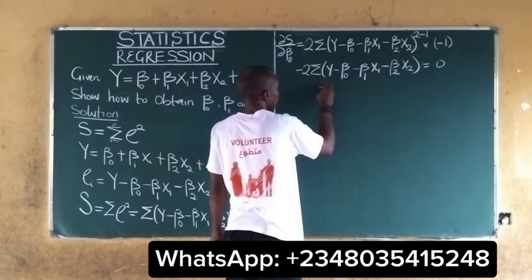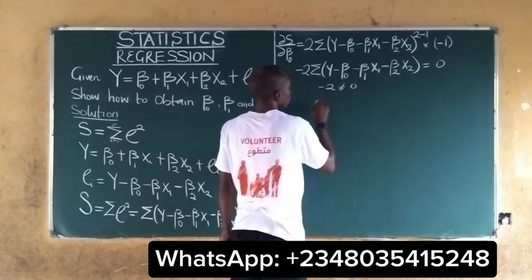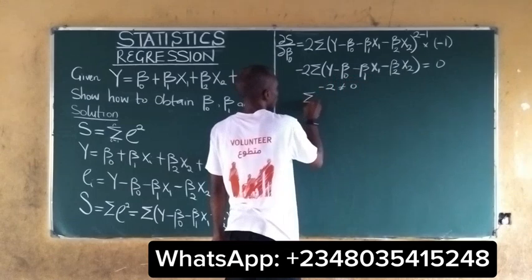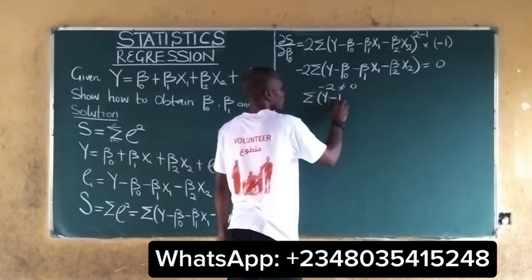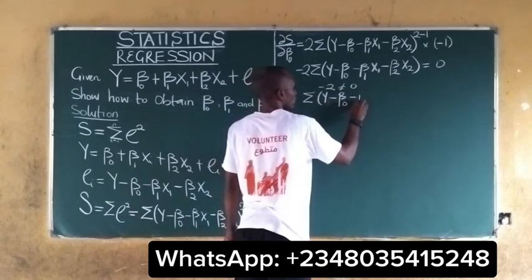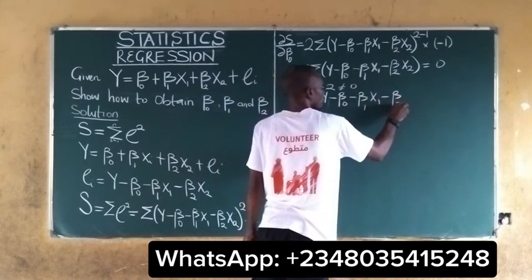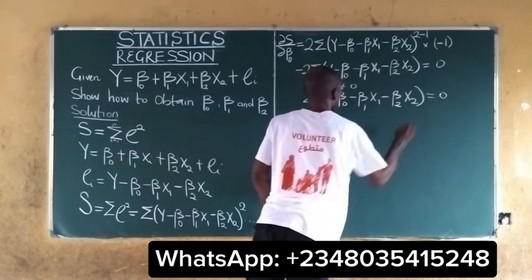It then means, of course, minus 2 is not equal to 0, so this will go. We'll be left with the summation of Y minus B0 minus B1 X1 minus B2 X2 equal to 0.